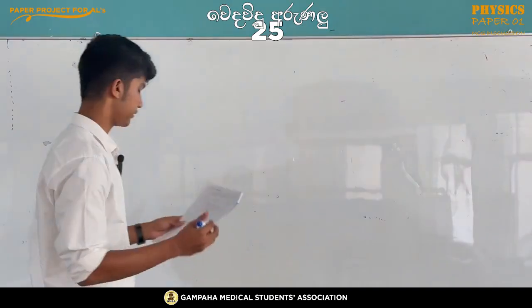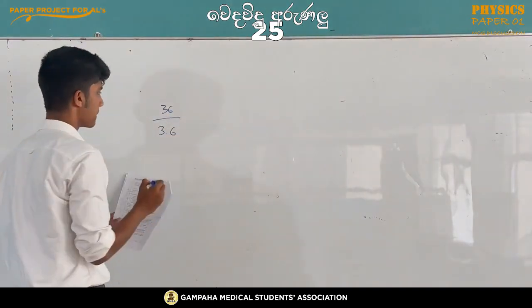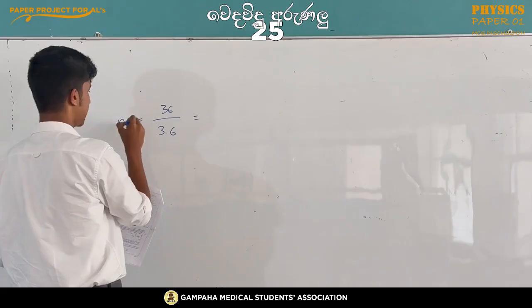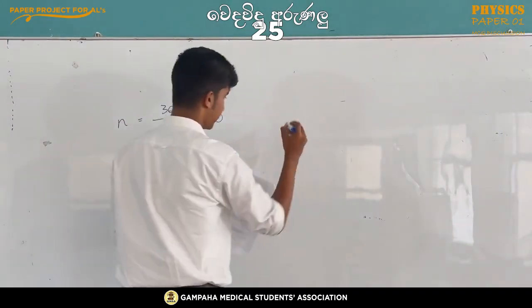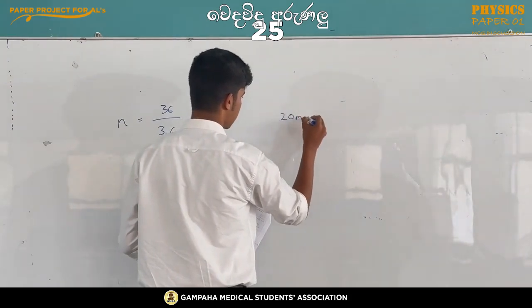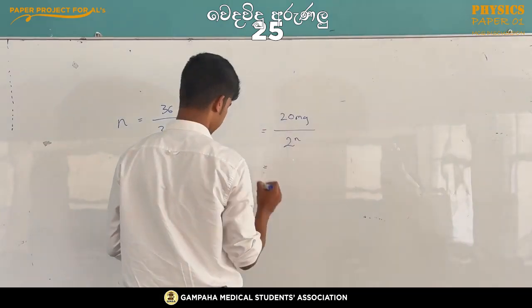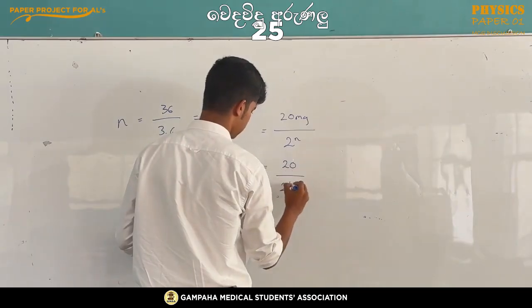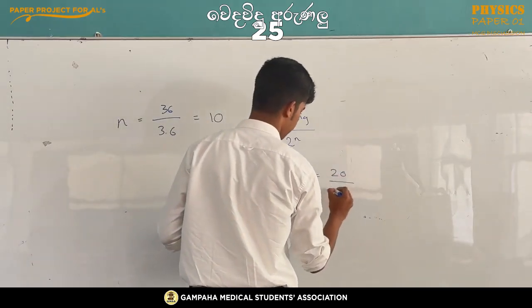To find that, we can divide 36 by 3.6, and you're finding the n value, and you get the n value as 10. So once you divide 20 milligrams by 2 to the power n, you can get the remaining amount. 20 divided by 2 to the power 10, and 2 to the power 10 is 1024.